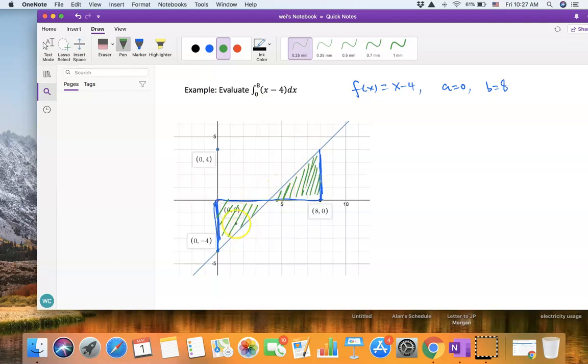So in this case, we have some region below the x-axis, and since the definite integral gave us the net area, in this problem we need to find the area of the piece below the x-axis, and then find the area above the x-axis, and then find their difference.